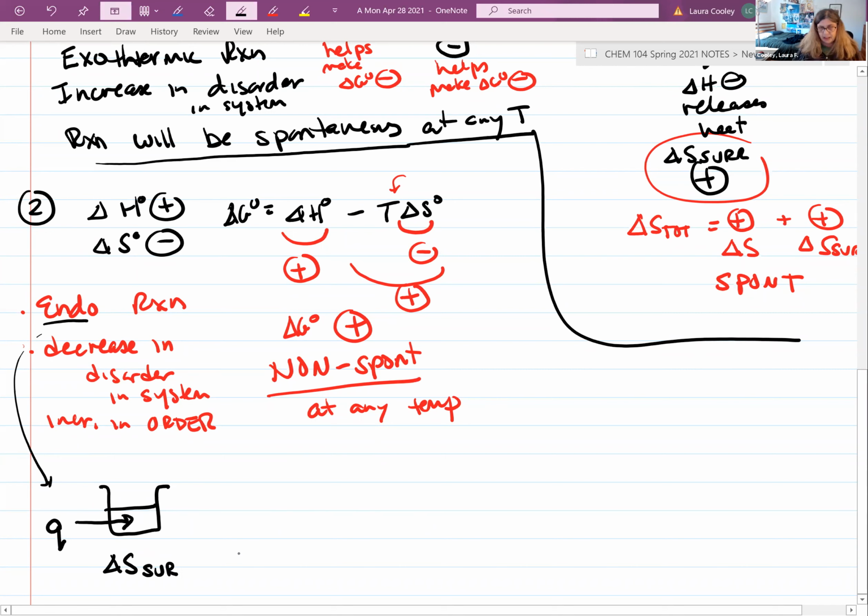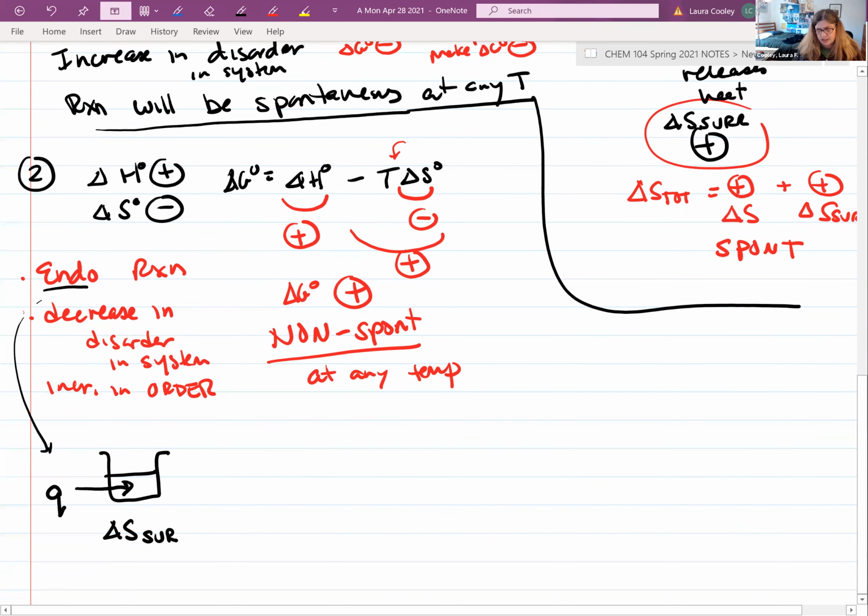Is it going to be positive or negative as you take heat away from the surroundings and put it in the system? You're taking away heat. Negative, right? Because delta S surroundings is proportional to the heat. If you're taking away heat, it's going to be negative.